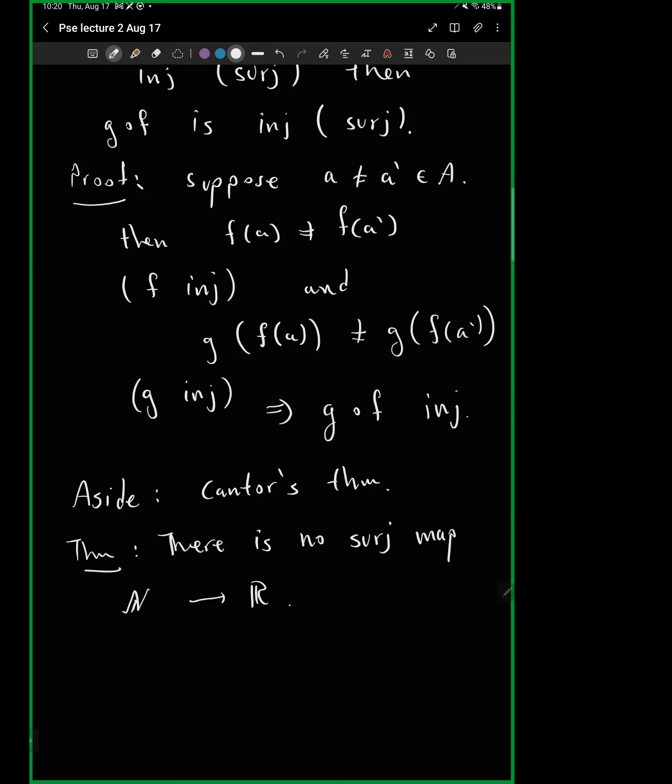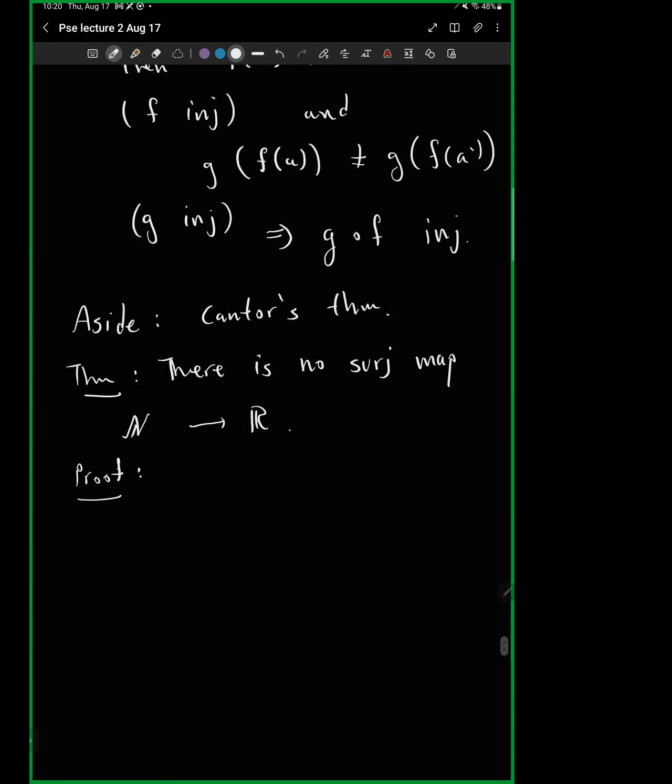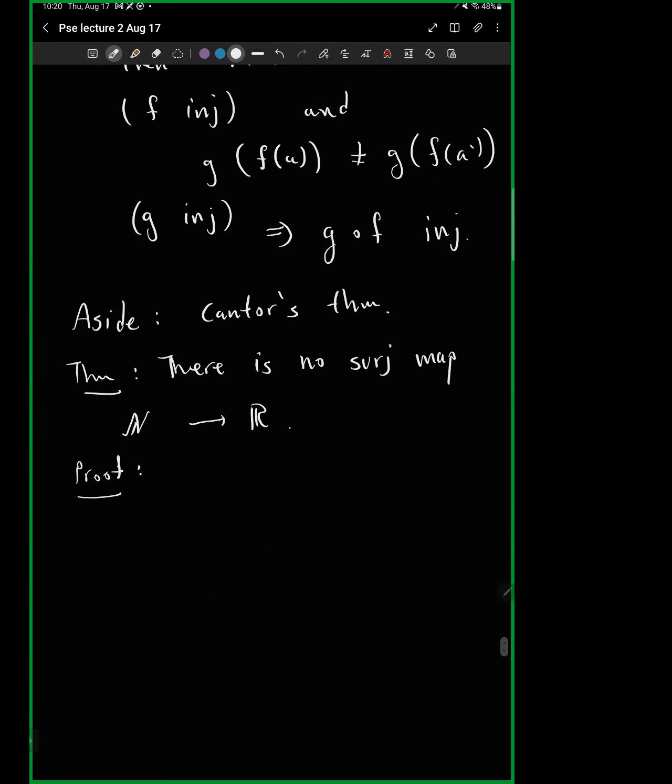Okay, so how does one go about proving that there is no surjective map? This is usually done in a method, I mean, a proof by contradiction.